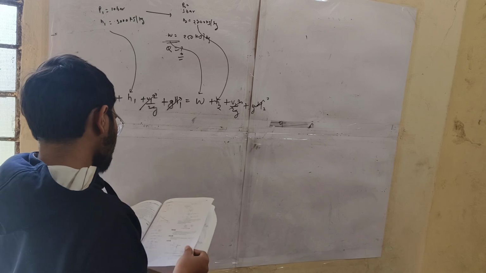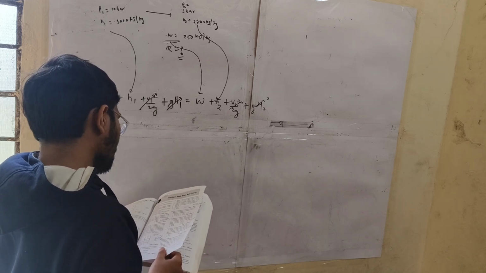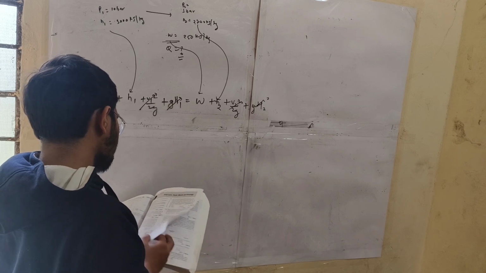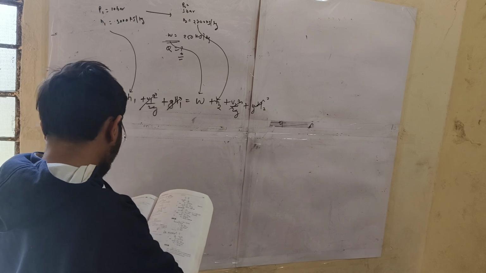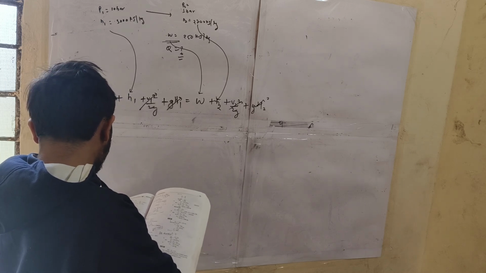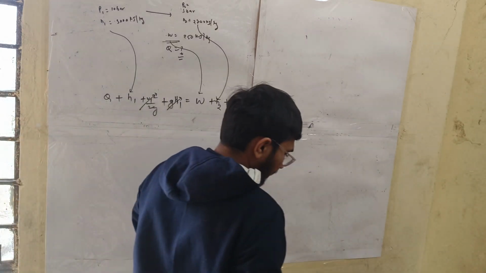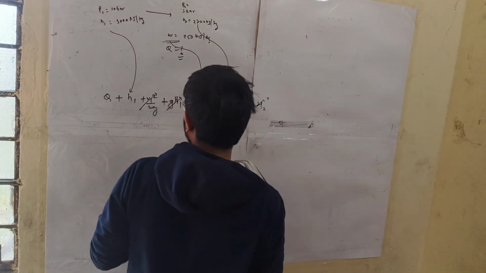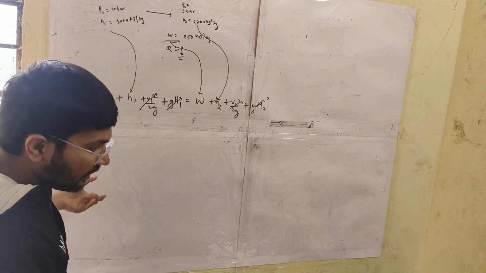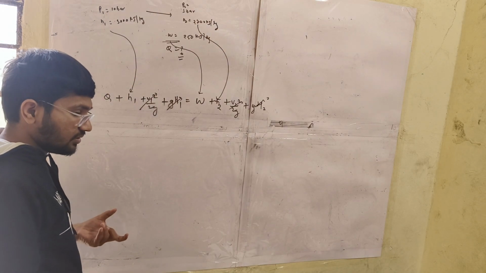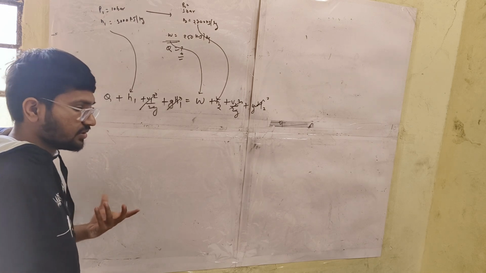This is a good question because for turbine design we always try to find how much heat is transferred through the casing. Here the heat transfer is negative, which means heat is lost by the casing.